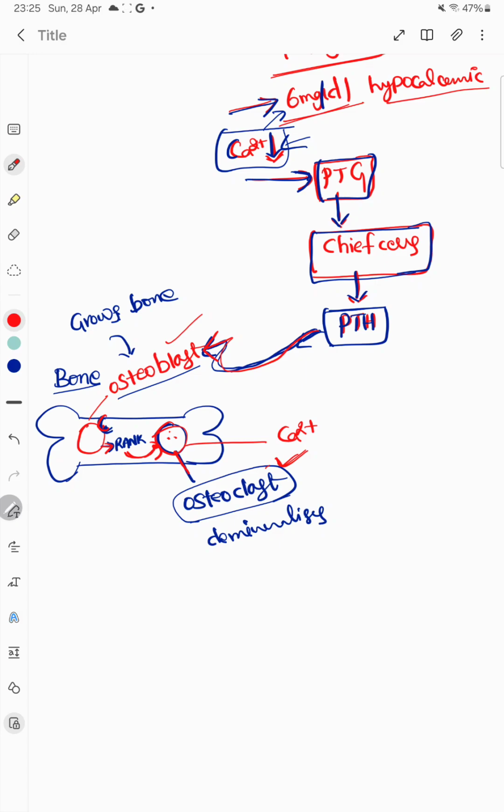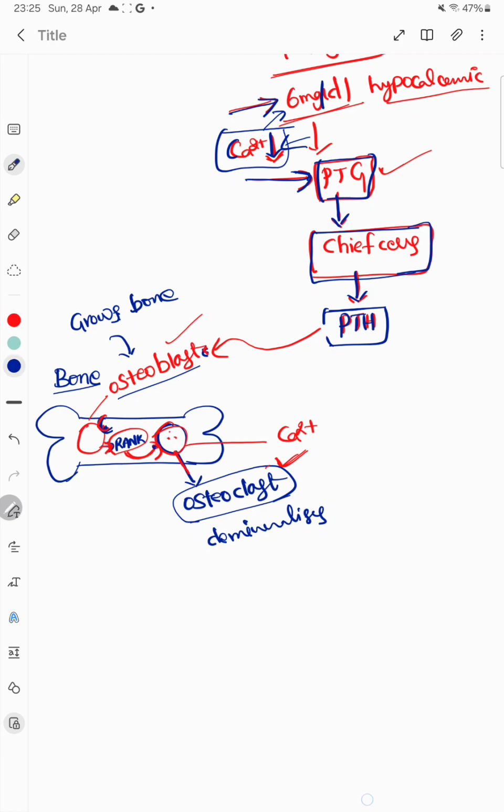Got it? Again I am explaining you guys. PTH produced by the parathyroid gland in response to the low calcium levels acts on osteoblast. This osteoblast produces a ligand called RANK. This RANK binds onto the osteoclast.